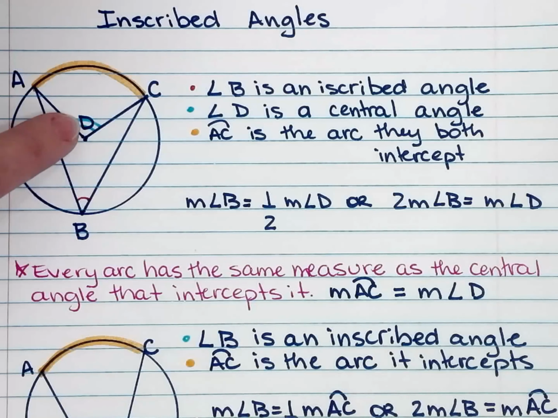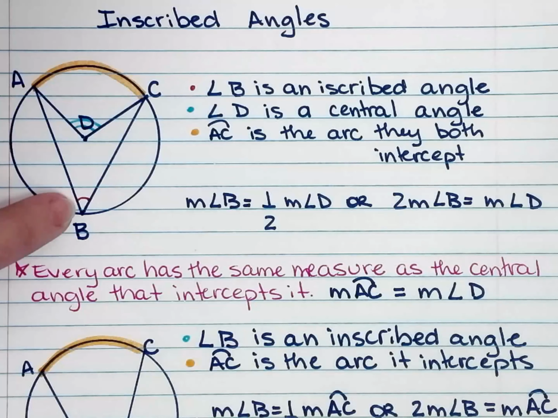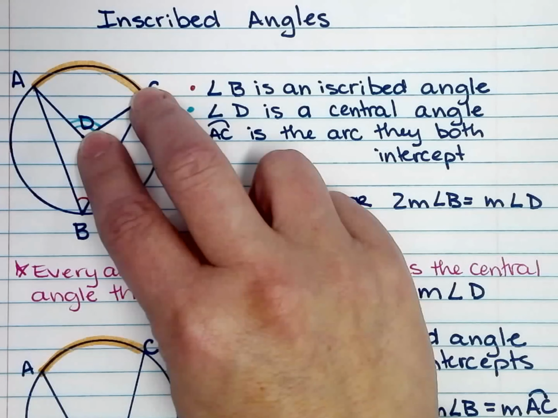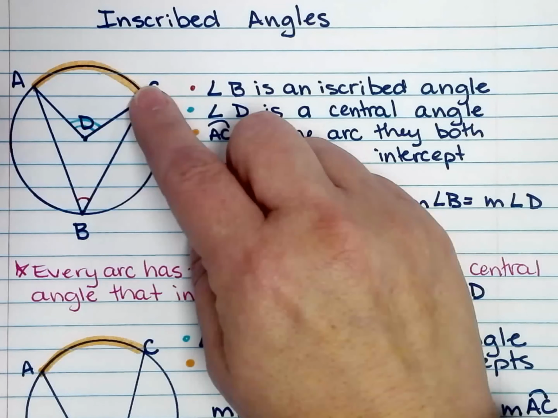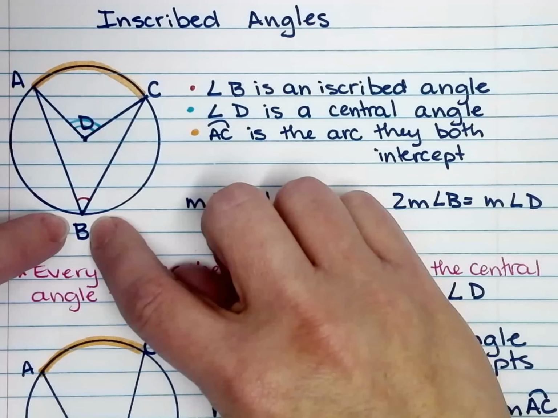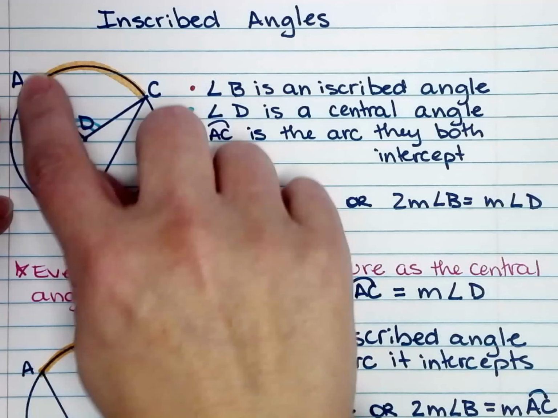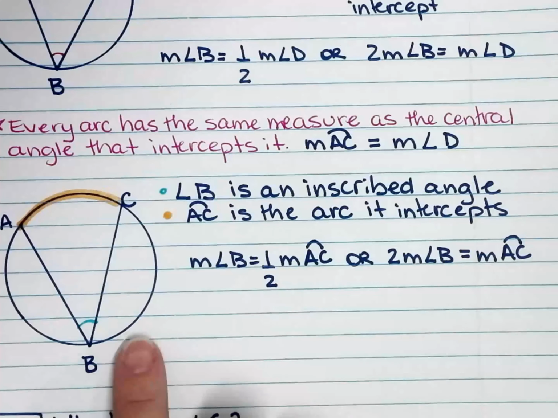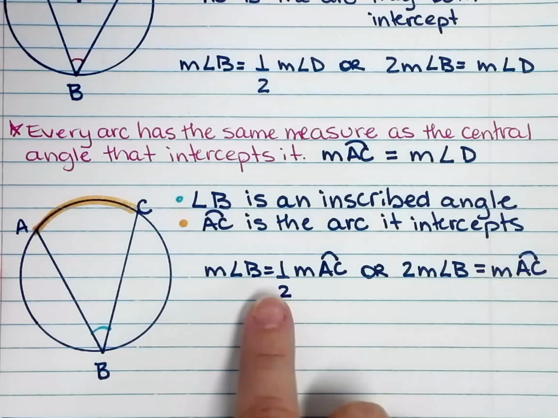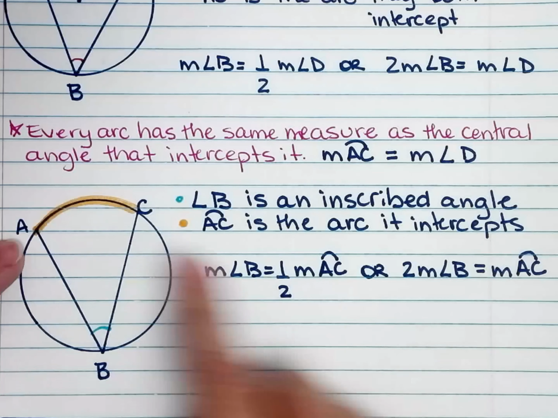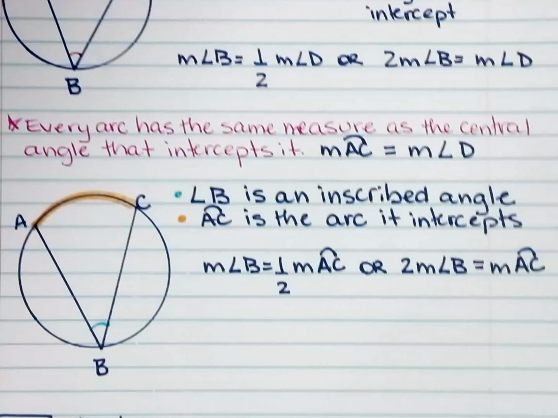So if this is twice this value, and these are congruent, then I can just cut out the middleman and know that angle B is half of the measure of the arc.